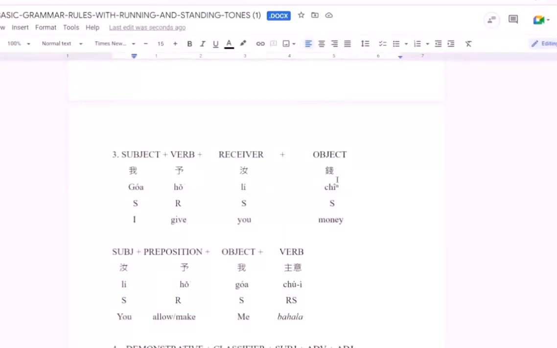Okay, next we have subject, verb, receiver, and object. So, I give you money. Technically, since this is a pronoun, this is pronoun, another pronoun, and then now we have a final noun at the end of the sentence.